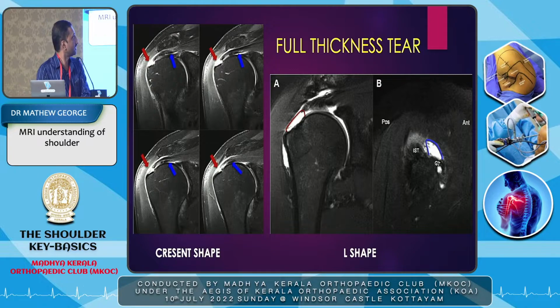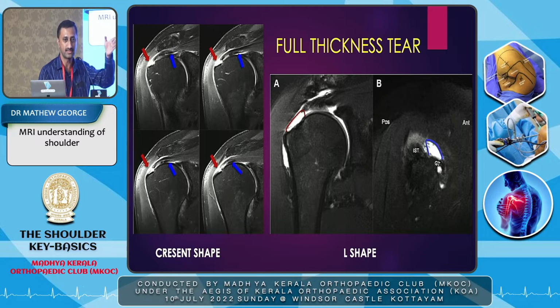Just some images. This is a crescent-shaped tear. You can see that's where the rotator cable is. It's just a small tear near the attachment. And here is a full thickness tear, which is an L-shaped tear. Here the anteroposterior dimension of the tear is smaller than the transverse diameter.